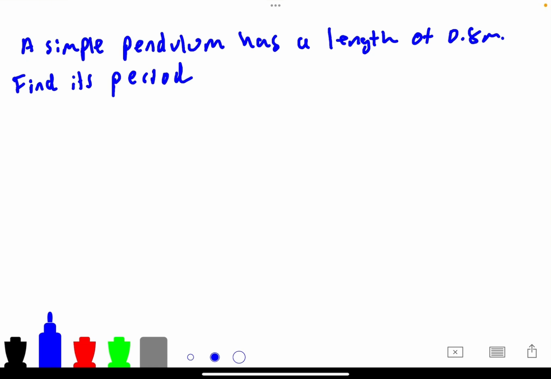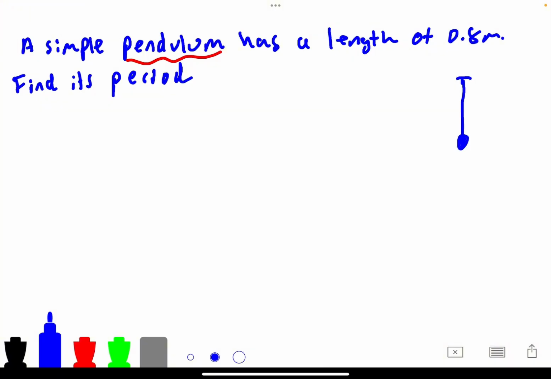A simple pendulum has a length of 0.8 meters. Find its period. So notice how this is a pendulum. A pendulum sort of looks like this. It might be hanging off of something.